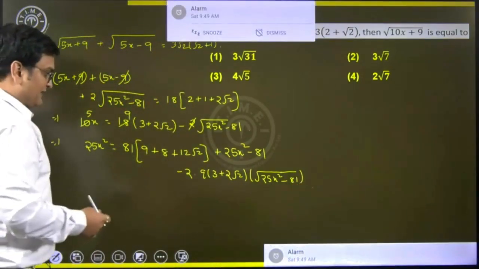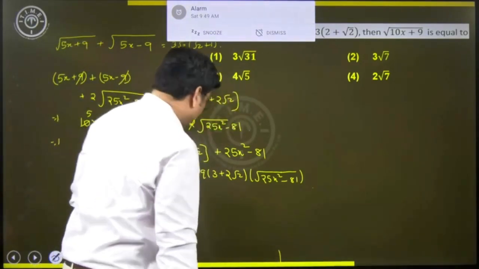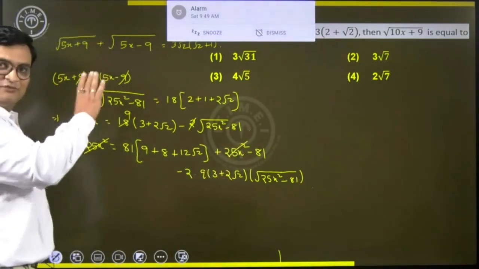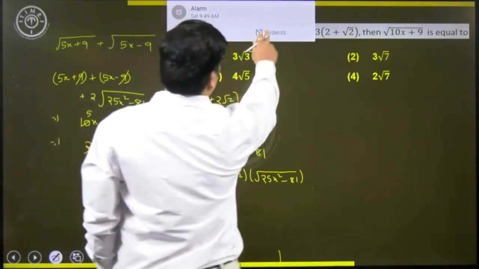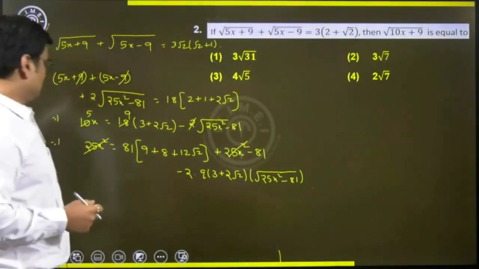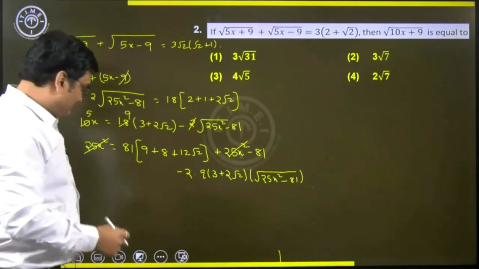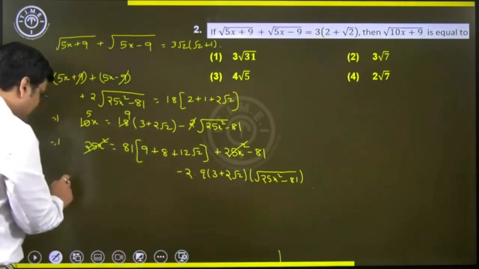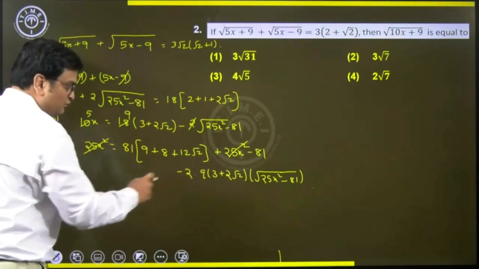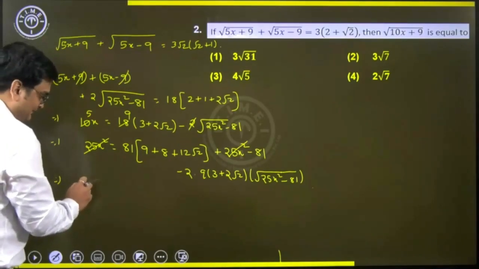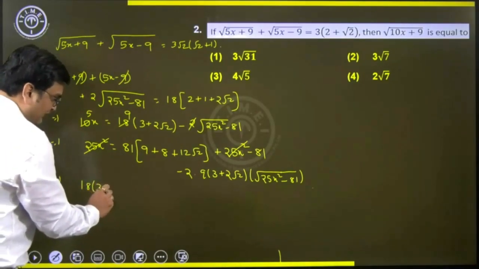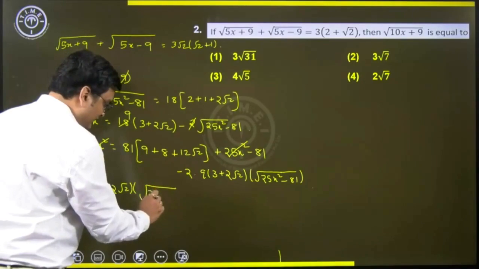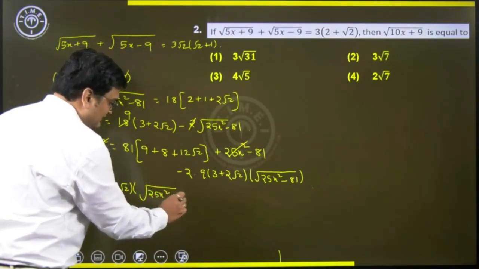Clearly we can see that on both sides we can cancel out 25x square firstly. Let's do that. What are we left with finally? If I take this entire term on the left hand side, this will become plus. So 2 into 9 will be 18, into 3 plus 2 root 2, into root of 25x square minus 81.